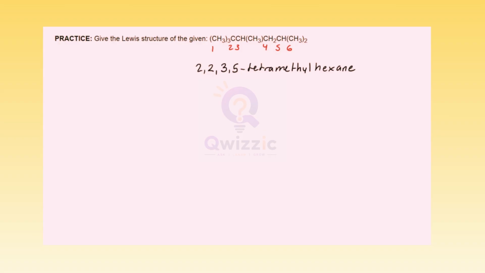So we're going to start by drawing out all 6 carbon atoms connecting to each other. Now, I made the bonds in between them quite long to make sure that I have enough space for my substituents.